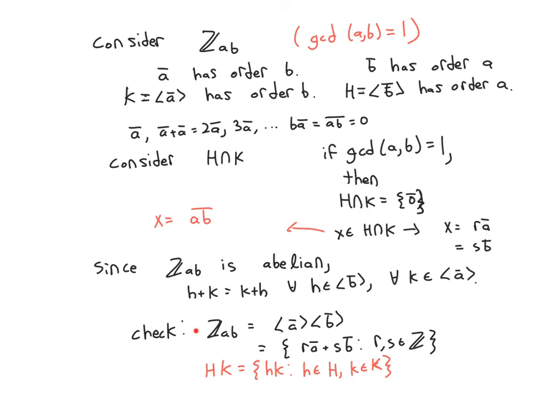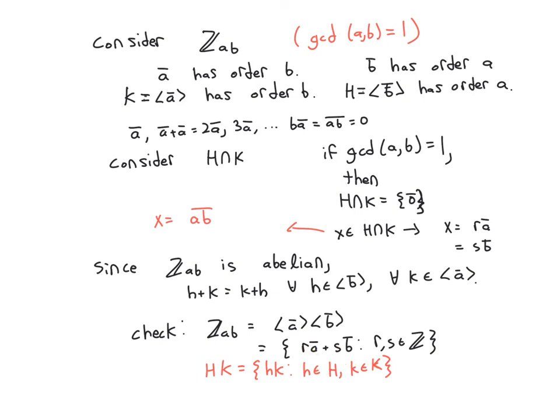So the only thing we need to check left is the first condition, that every element in this group can be written as a product. And so what does this product look like? Well, remember, HK is the set of things that can be factored as an element in H times an element in K. An element in H, we just discussed, looks like a multiple of A bar.